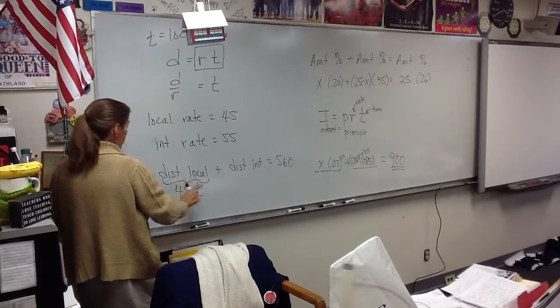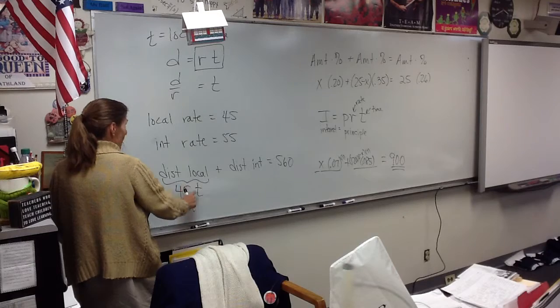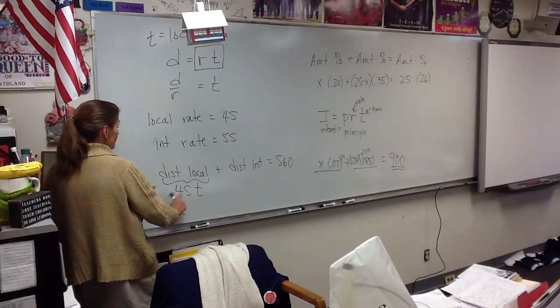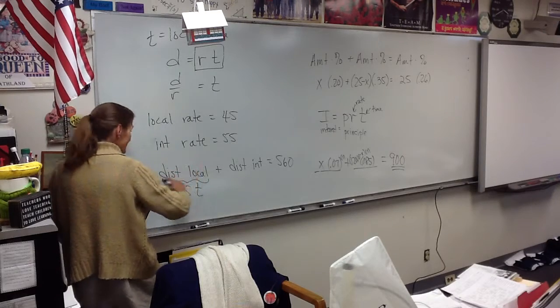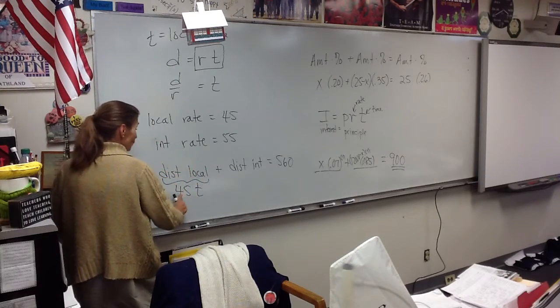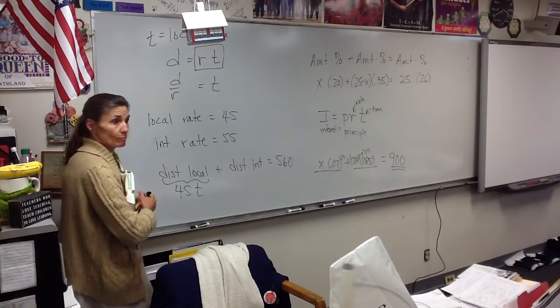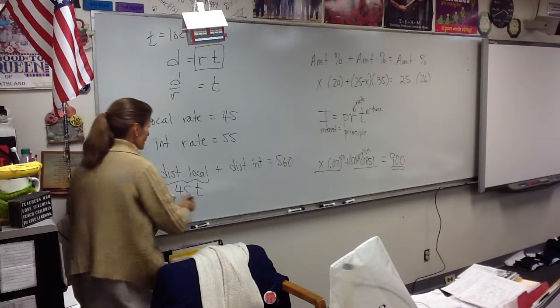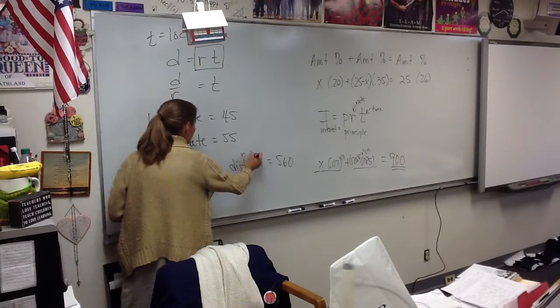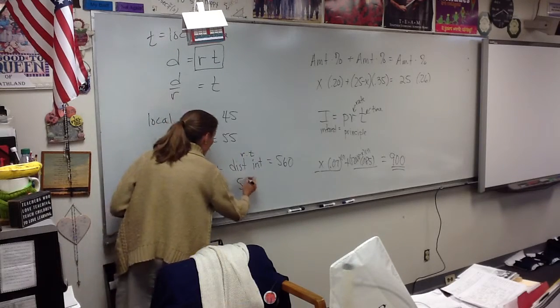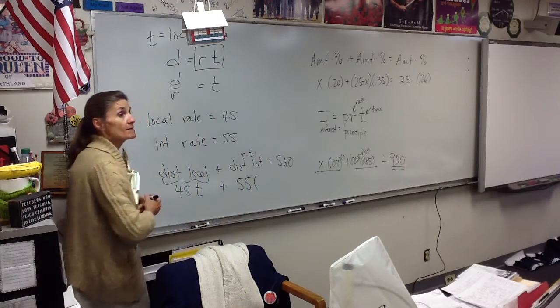So I don't know how long that is, so I'll call it T, but distance equals rate times time. So the distance on the local highways is 45 times T. Agreed? Yes. Now, what's the distance on the interstate? Well, it's rate times time, so that'll be 55 times time.